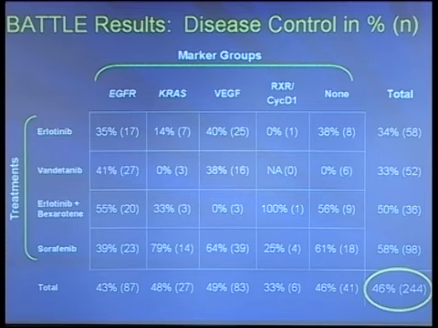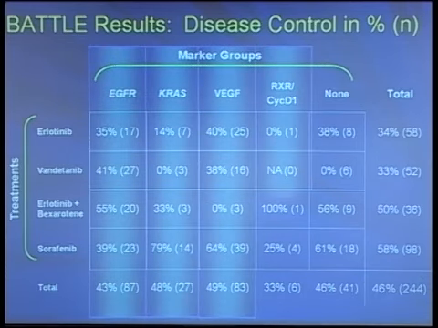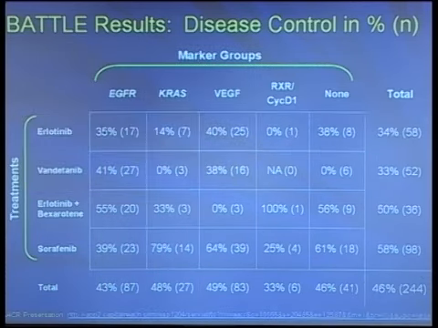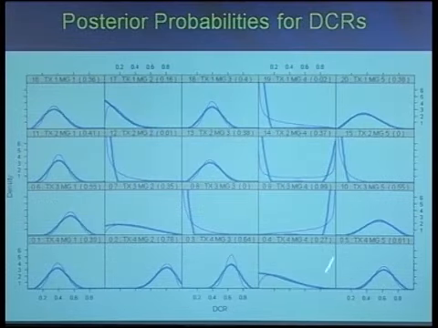The overall disease control rate was 46%, and then you can look at the effect by marker or by treatment. This is the posterior probability of disease control, showing the lighter one without borrowing, and the solid one the posterior distribution of disease control rate. The disease control rate goes from 0 to 1. Disease control is an indicator for 8-week disease control, whether the patient had reached disease control at 8 weeks or not.